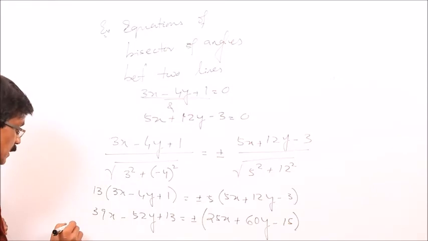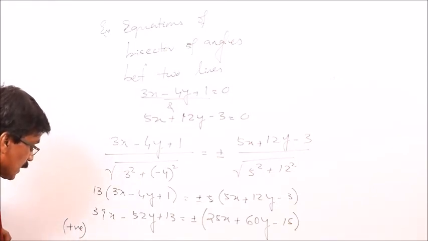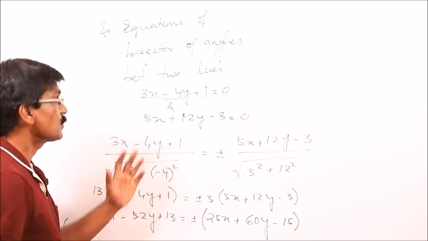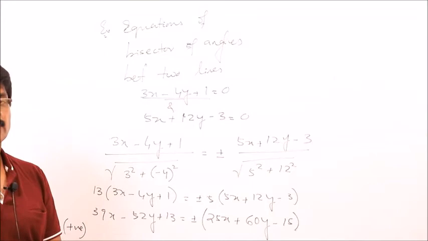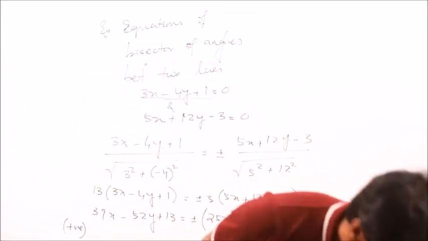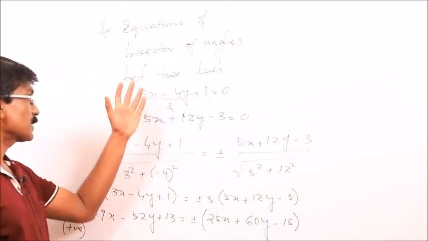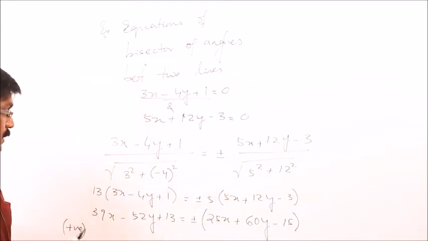By taking the positive sign we have one equation and by taking the negative sign we have another equation. So, these are the two bisectors of angles between two lines.